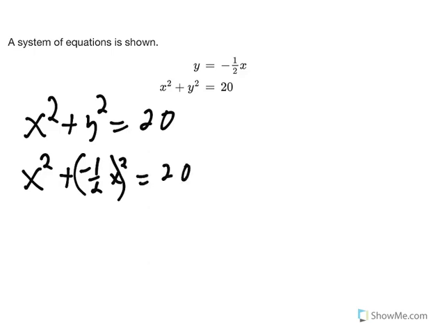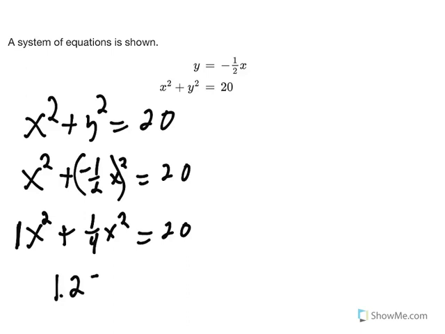So I can get x squared, and 1/2 squared is 1/4, so I get 1/4 x squared equals 20. Remember, I can always put a 1 here, so 1 plus 1/4. I can say that is 1 1/4, or 1.25 x squared equals 20.